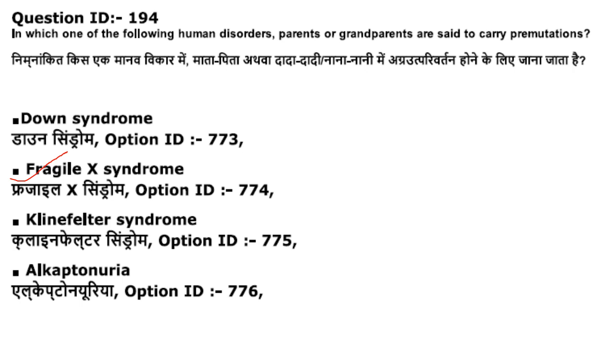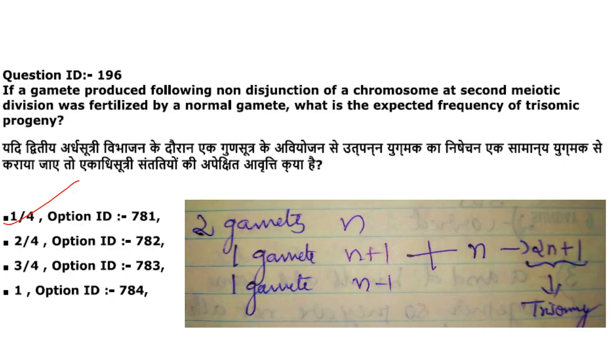And alkaptonuria is an autosomal recessive condition, and in an autosomal recessive condition, unaffected parents can produce an affected child. So what remains is Fragile X syndrome. Affected parents produce an affected child, and it is an X-linked dominant trait. So the answer here is option 2.